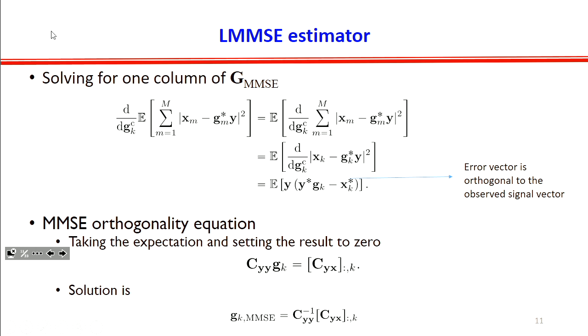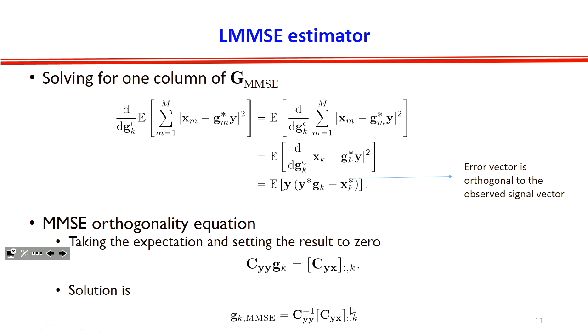Okay? So when you write that and equate it to 0, you can write the left-hand side, because you have an expectation, take G out of the expectation, and you can write it as a covariance matrix for the received signal, C_YY times G_k, and the right-hand side, Y multiplied by X star, expected value, should be the cross covariance or cross correlation.